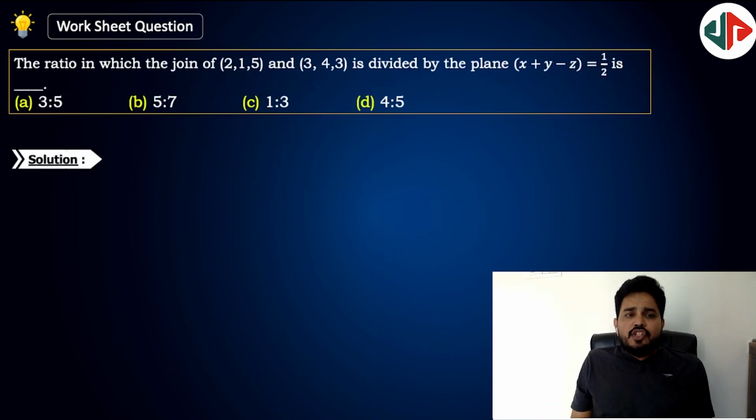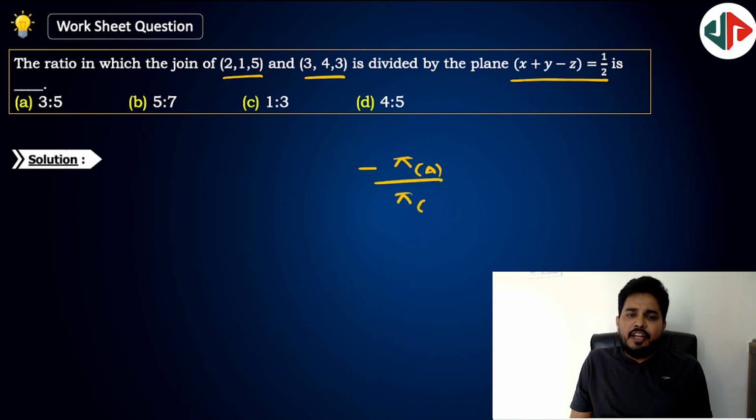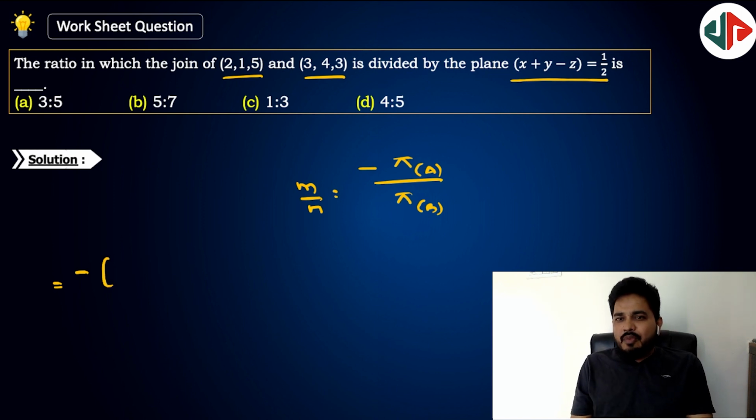the ratio in which the line joining this divides the plane. So this is minus pi of point A by pi of point B. In which ratio is this divided? M by N is equal to, as per that, minus of, you substitute this point. The plane is 2x plus 2y minus 2z minus 1 is equal to 0.